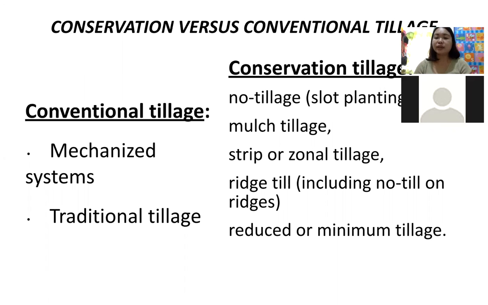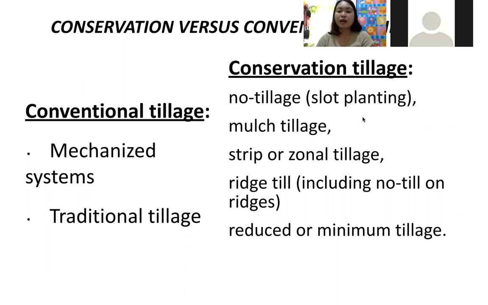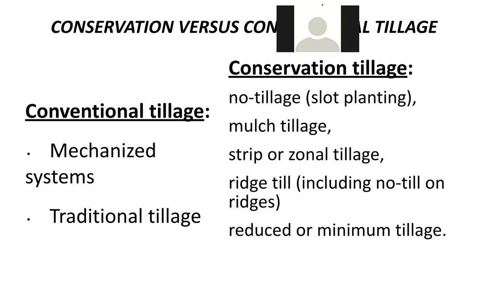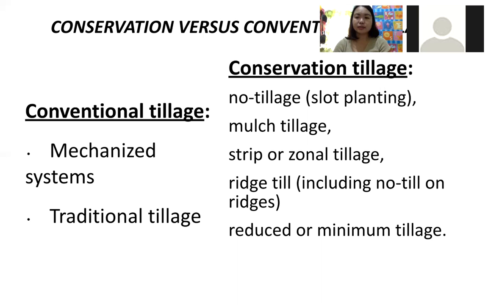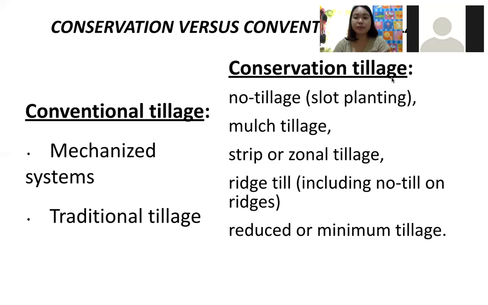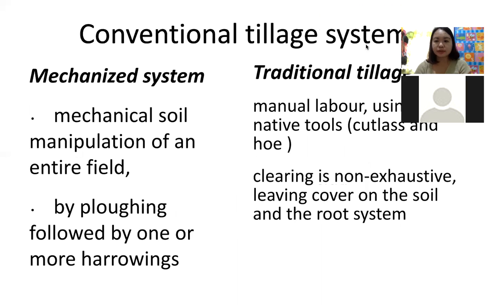Although there is agriculture on that, in speaking of tillage, there is slot planting and mulch tillage, strip or zonal tillage, ridge tillage or no till on ridges, and reduced or minimum tillage. So those are the examples.